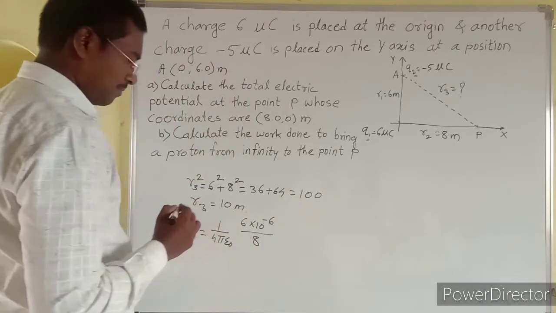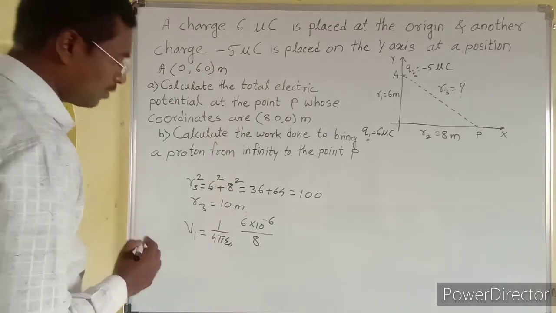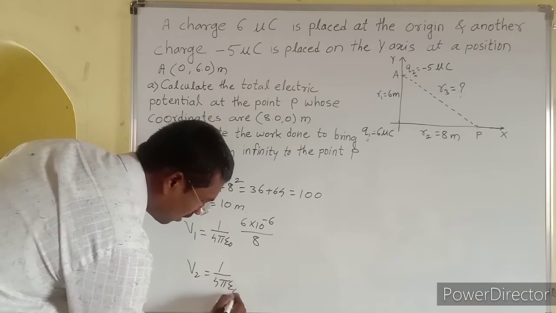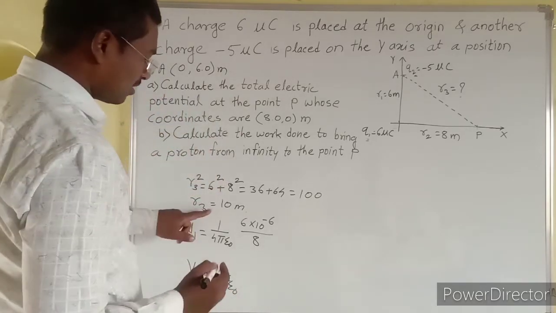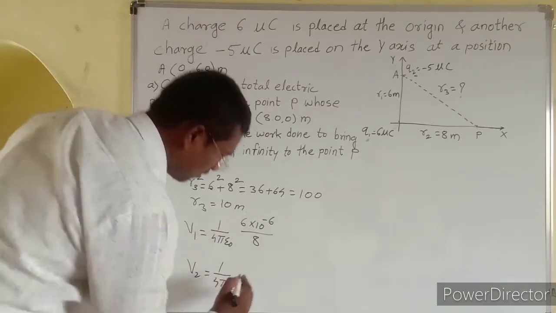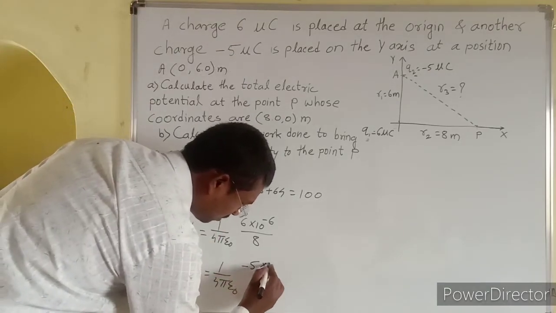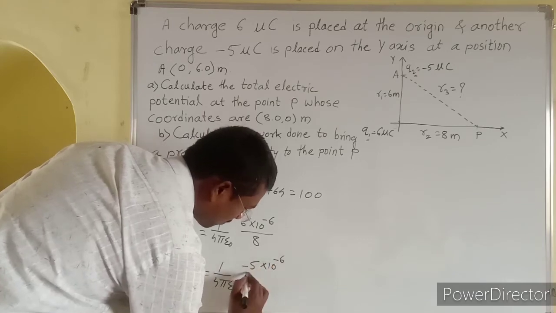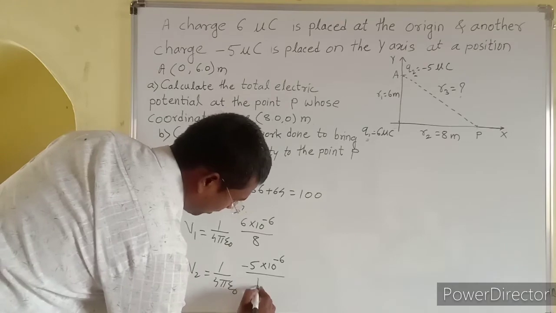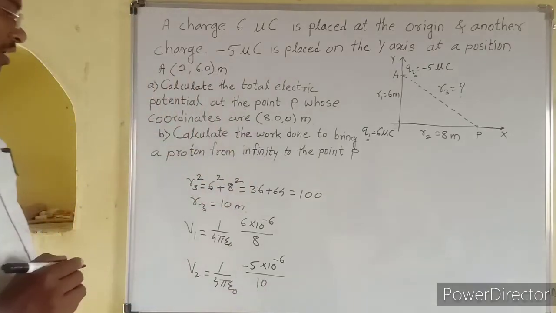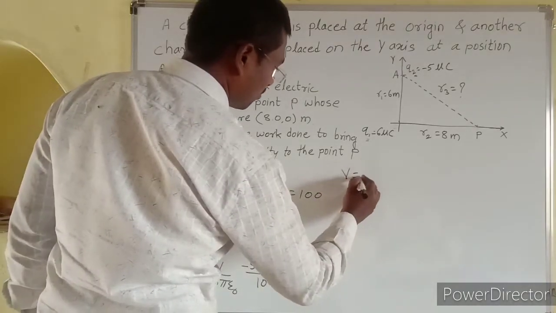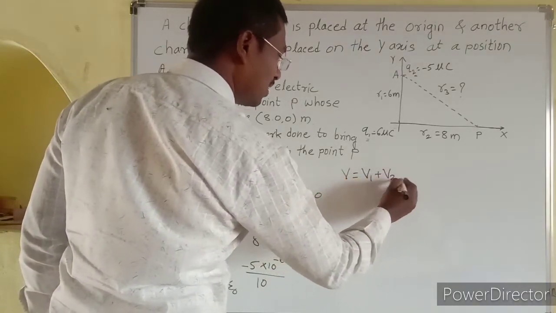And V2 is equal to 1 upon 4 pi epsilon naught, times the charge minus 5 into 10 raised to minus 6 coulomb, divided by its distance, 10 meter. Okay. Therefore, the total potential at point P can be written as V equal to V1 plus V2.